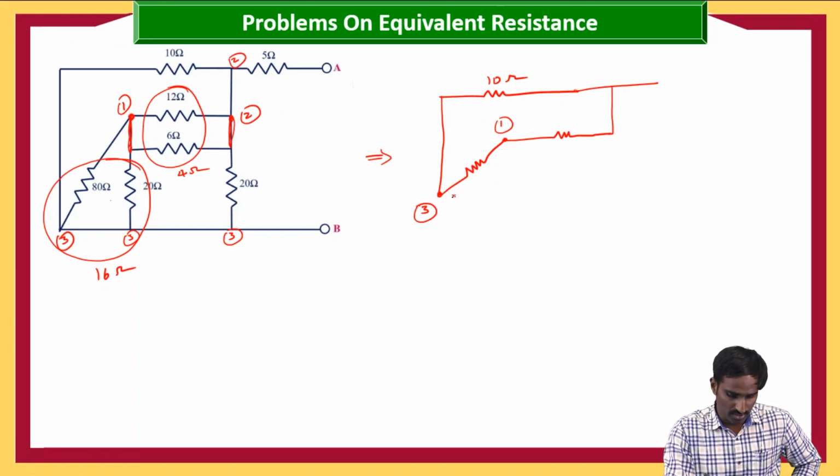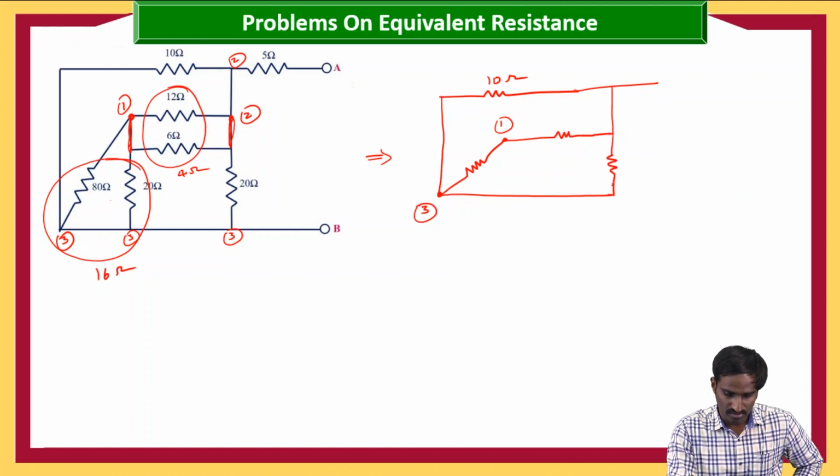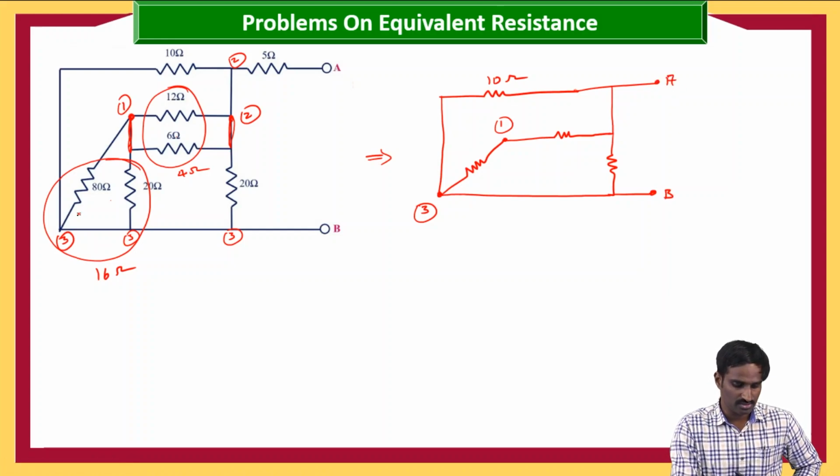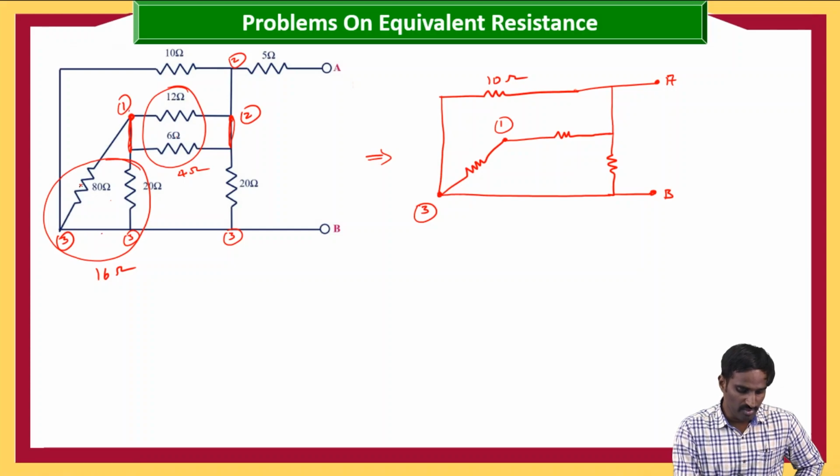Again here in between you will be having one more resistor, then here it is B. Don't get confused, that's why for your better understanding I'm indicating these nodes. So in between 1 and 3 you'll be having two resistors 80 and 20, so the equivalent resistance is 16 ohms. And in between 1 and 2 you'll be having the two resistors 12 and 6, and these two are in parallel, so the equivalent resistor is 4 ohms. Here it is again 2 and here again 2.